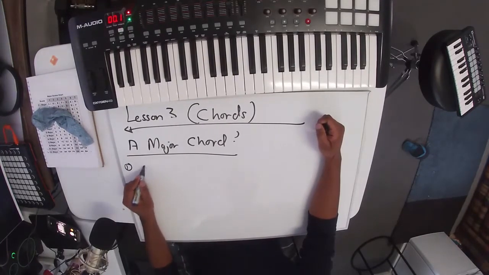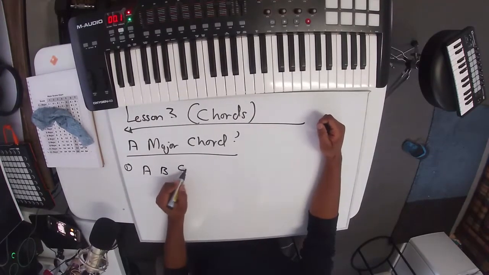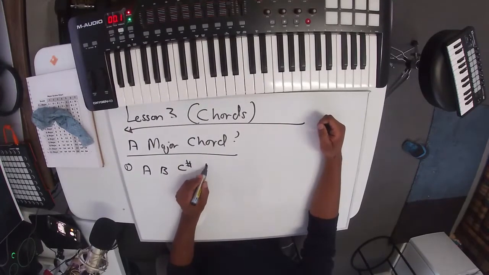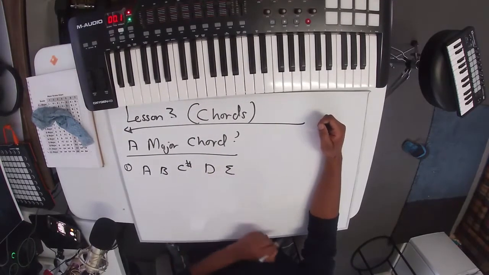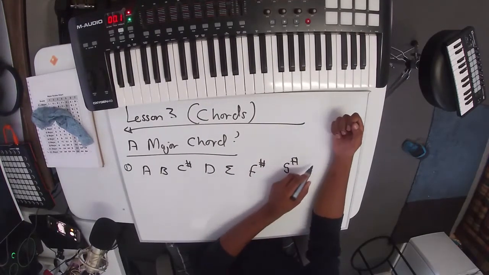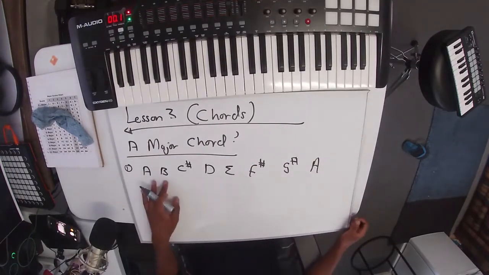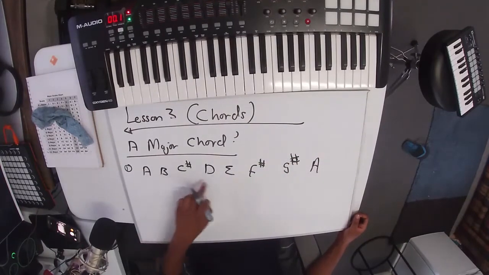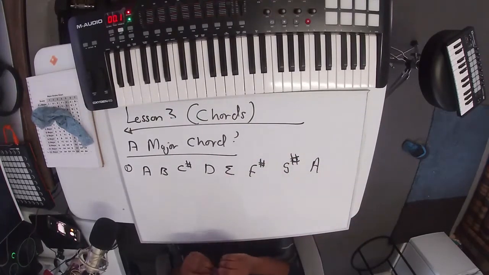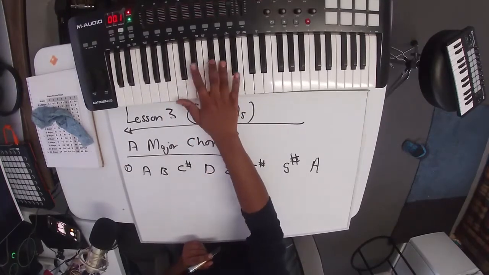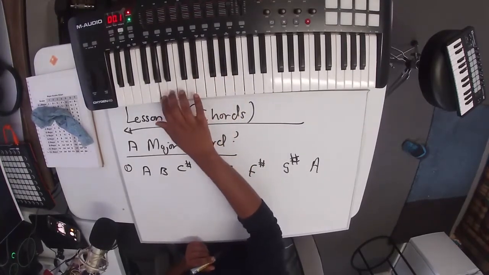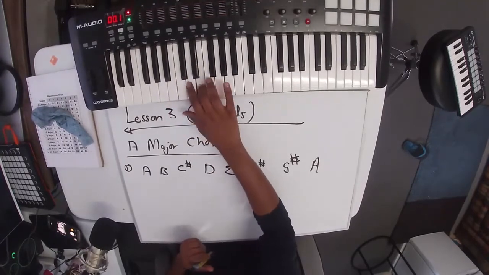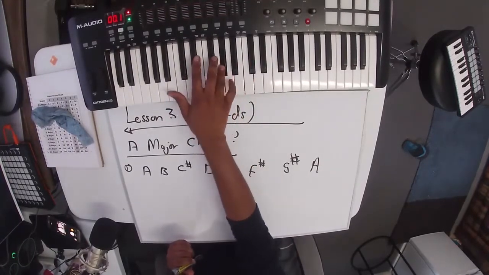It starts from A, tone, B, tone, C sharp, semitone, D, tone, E, tone, F sharp, tone, G sharp, semitone, A. So that's A, B, C sharp, D, E, F sharp, G sharp, A.